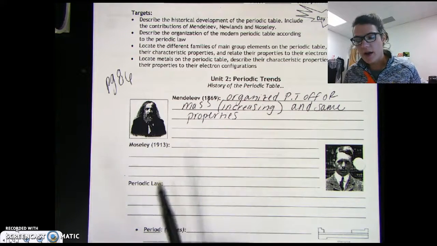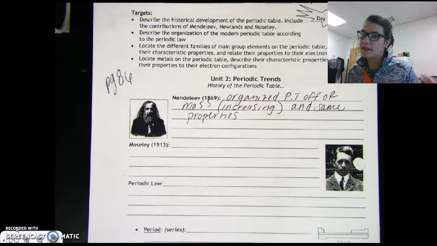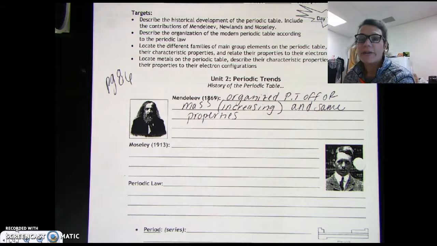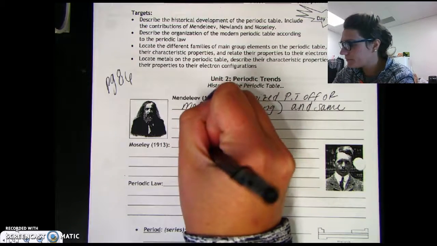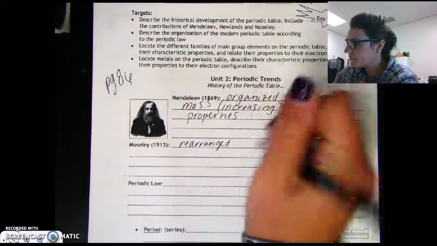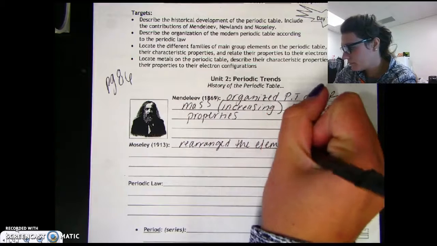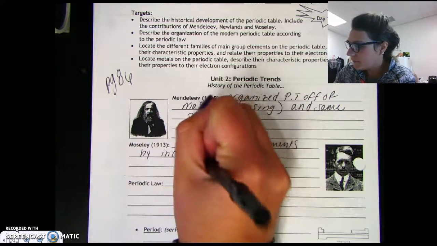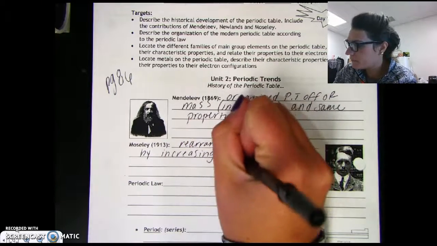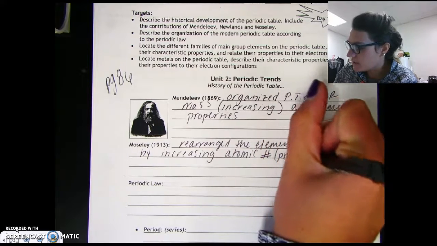So Moseley said, let's rearrange the atoms by increasing atomic number and not atomic mass, and if you look at the periodic table, this is actually the arrangement that we use today. So let's make a note of that. So he rearranged by increasing atomic number, which at this point you guys know means protons, okay?